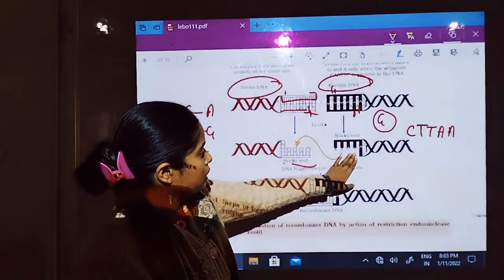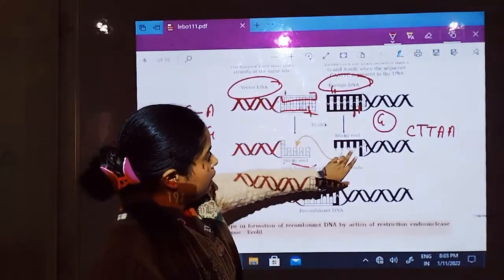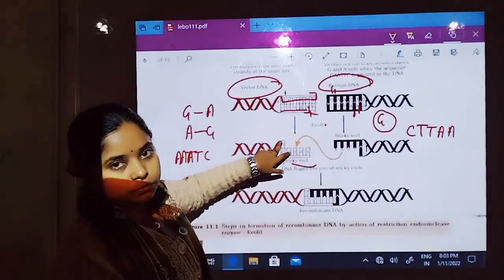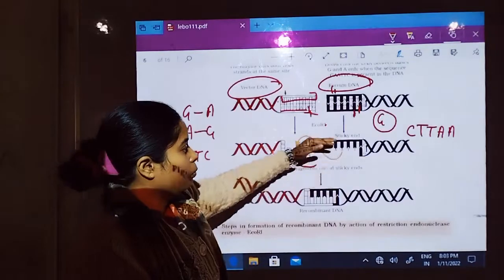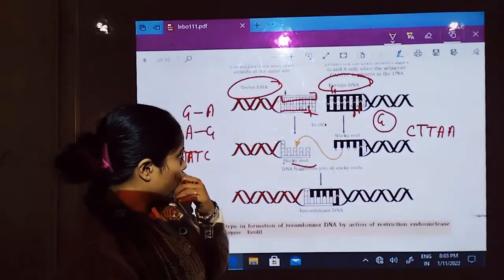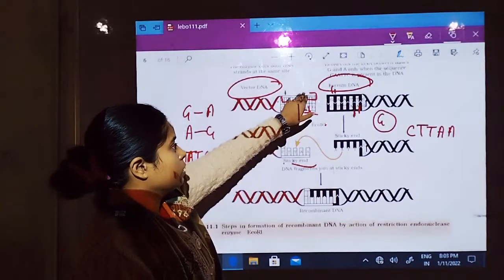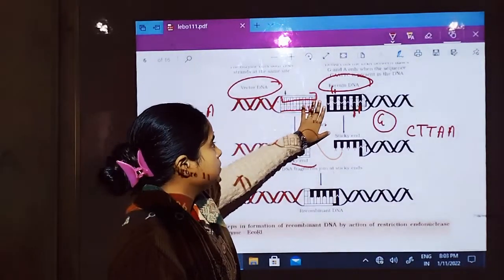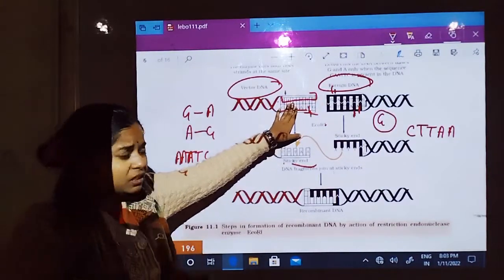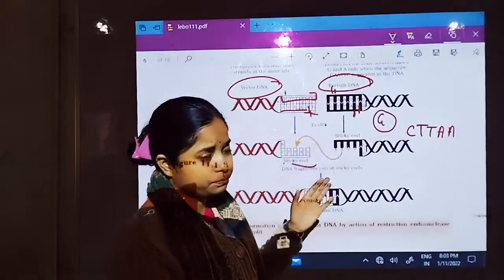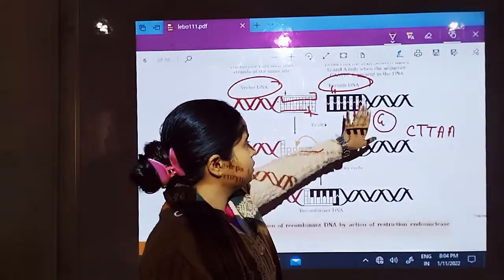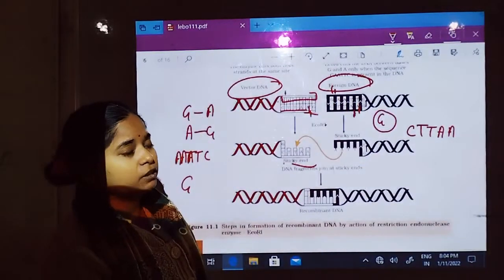That covers the above portion, or G is covered by the first strand from this, and both the strands become ligated. Both the strands become ligated because the portion that is removed from the vector DNA is covered by the foreign DNA.